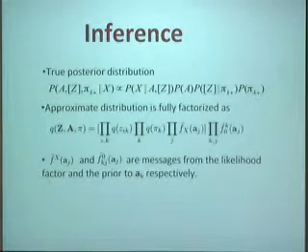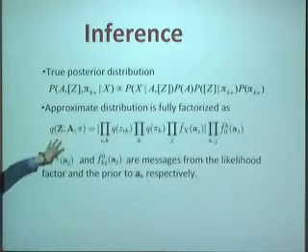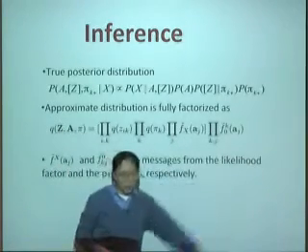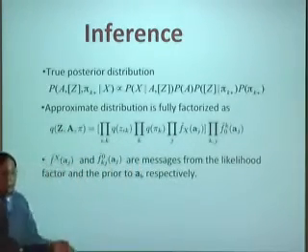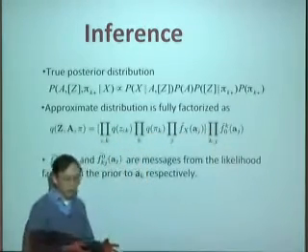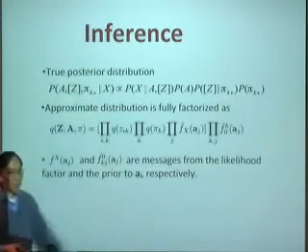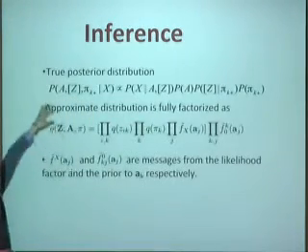So to do that, we use variational inference, as we mentioned before. We factorize the joint approximate distribution into this particular form. In other words, we factorize them into smaller factors, assuming they're independent. So the functional form is simpler than the original posterior distribution. Then we minimize the KL divergence.